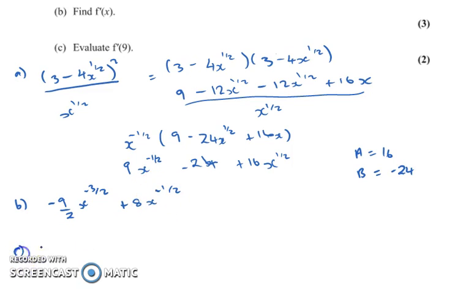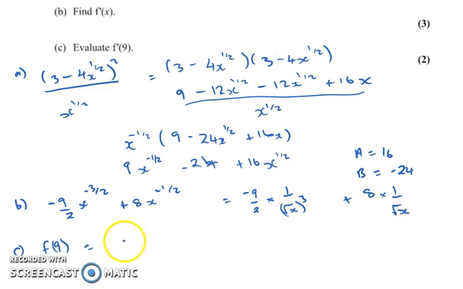And then part C says evaluate when x equals 9. It's not great to have these negative powers of x, so this looks a lot nicer if we have minus 9 over 2 times 1 over the square root of x cubed, add 8 times 1 over the square root of x.